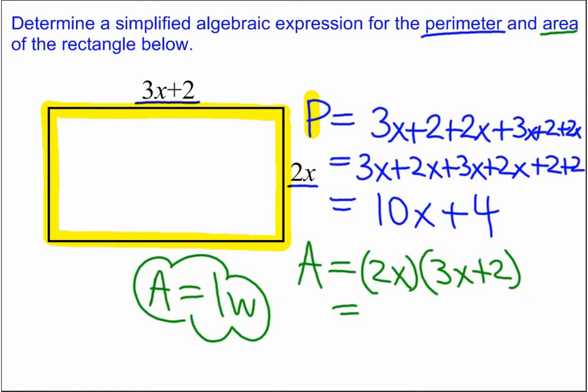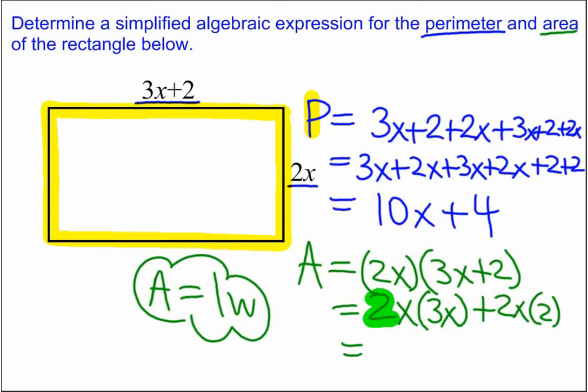So how do we do that? Well, it's just 2x times 3x, and then 2x times 2. Well, what's 2x times 3x? 6x squared plus 4x. And there, we have a simplified expression now for the area of that rectangle.